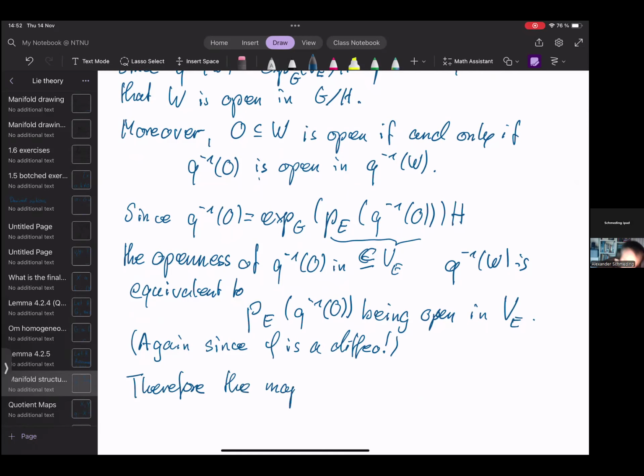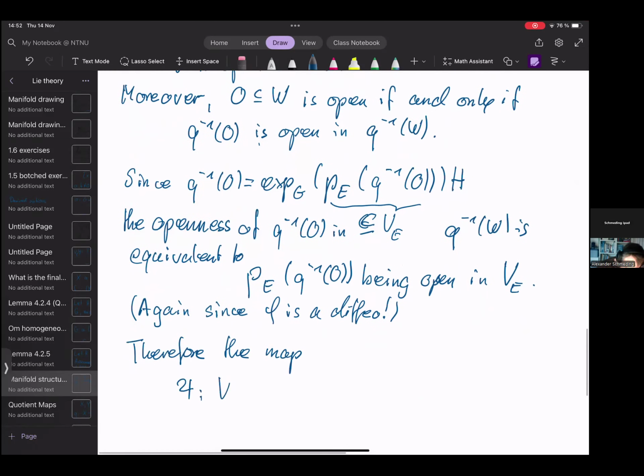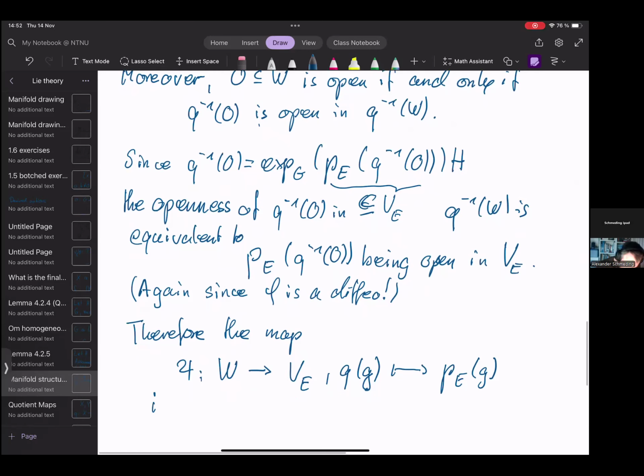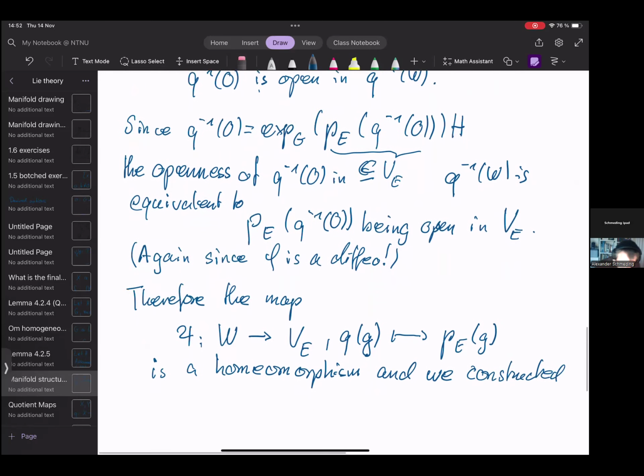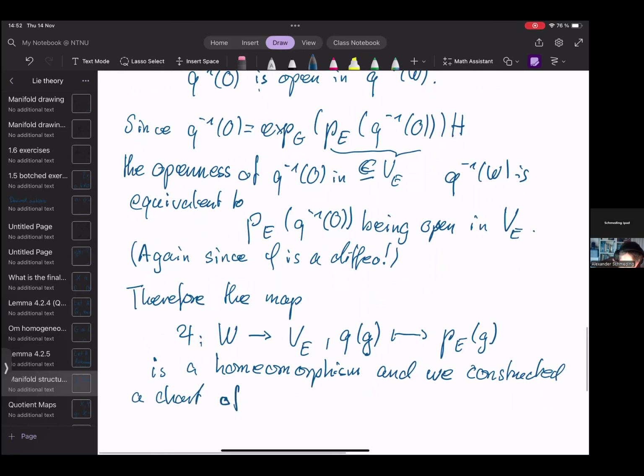the map psi, okay, we take now from W. W is a subset of the coset space, and go to VE, and it takes Q of G. So everything in W can be written as Q of something in the exponential image of VE, and we are sending this to PE of G is a homeomorphism, and we constructed a chart of G mod H around Q of the identity element.